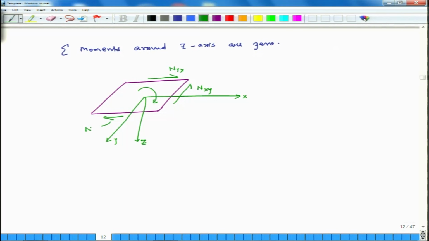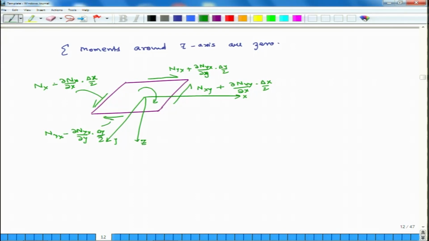Similarly, Nyx, and of course, this is del Nyx over del y times delta y over 2, and this shear resultant is Nyx minus del Nyx over del y times delta y over 2, and then on this side we have Nxy plus del Nxy over del x times delta x over 2, and on this side we have Nx plus del Nx over del x times delta x over 2, and this should be a negative.